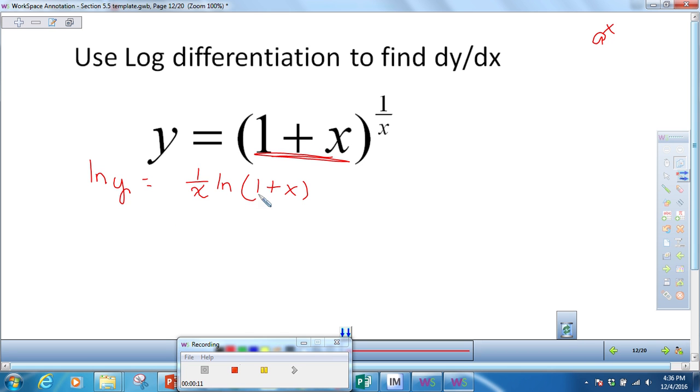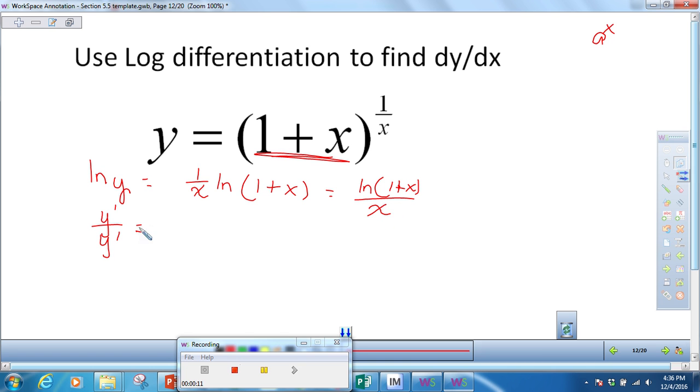So now, once I have this, I'm going to take the derivative of both sides, and I have to use implicit now. So the derivative of natural log of y is 1 over y, the derivative of y is just y prime. And to take the derivative of this, I can either use product rule or quotient rule, and I'm going to choose quotient rule, because I can write this as the natural log of 1 plus x over x.